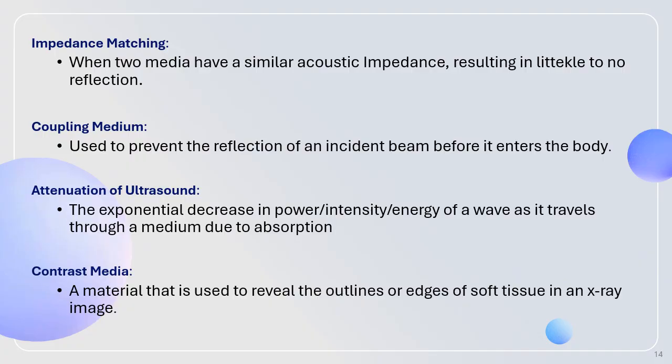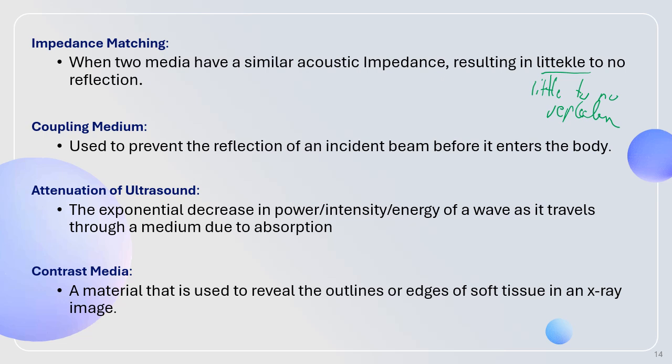Then we have, these are the terms that you may need to know. Impedance matching: when two media have a similar acoustic impedance, resulting in little to no reflection. Right.